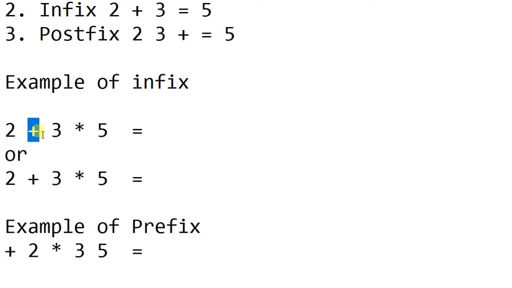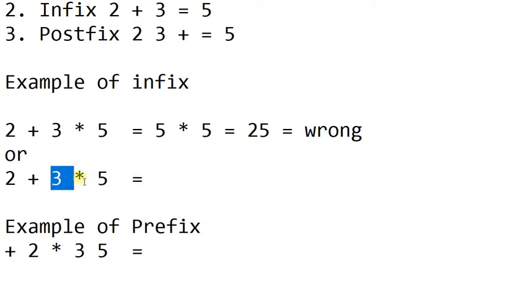So if we evaluate this first, the answer would be 5 into 5, that is 25, which is wrong. Instead we need to evaluate this first, and so the answer would be 2 plus 15, and the answer is 17, which is correct.